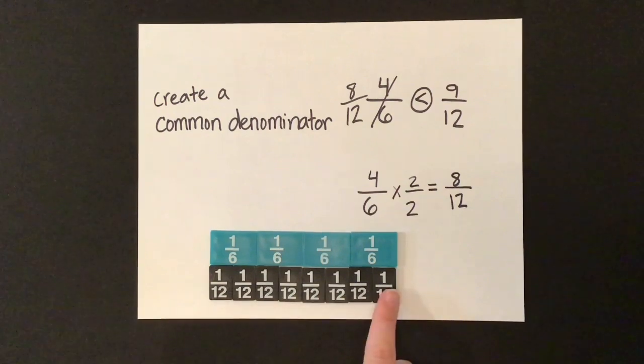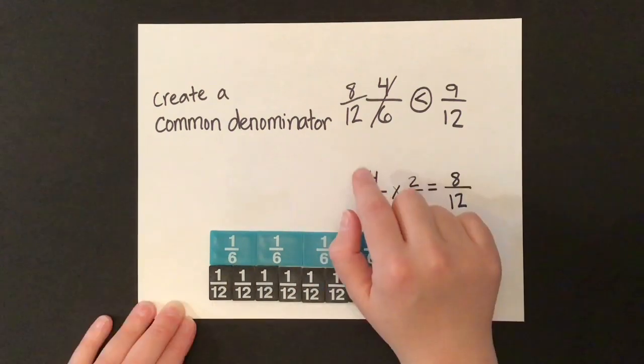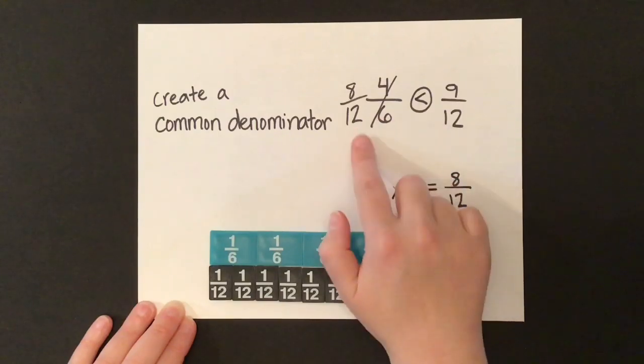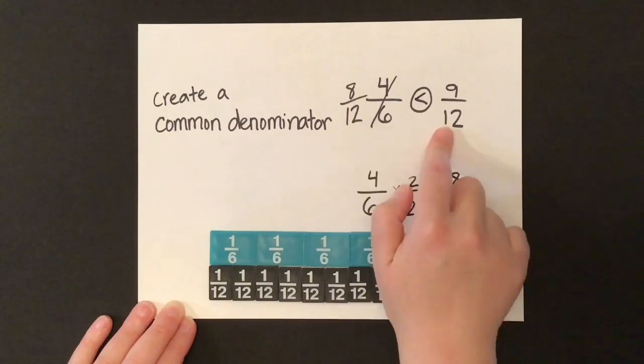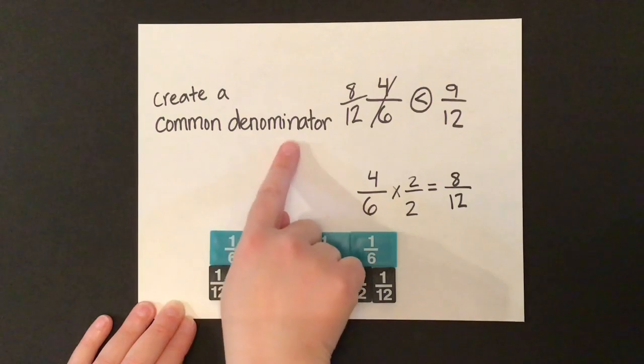So here you can see that those two fractions are equivalent. By changing the name, we can easily find our answer, because at this point we have the same denominator, and so we know 8 pieces are less than 9 pieces. So this strategy is called creating a common denominator.